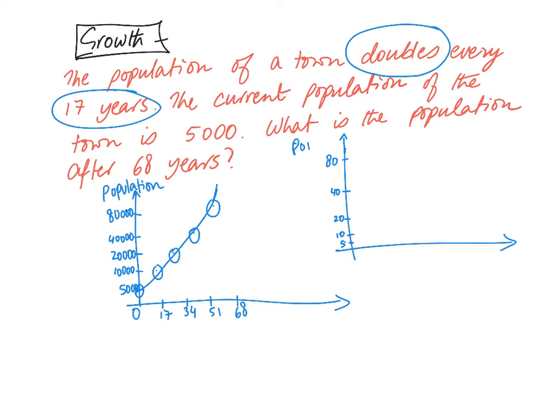So population in thousands. If you were to plot it, the shape will show you the exponential feature more elaborately because it's a better representative of the data.